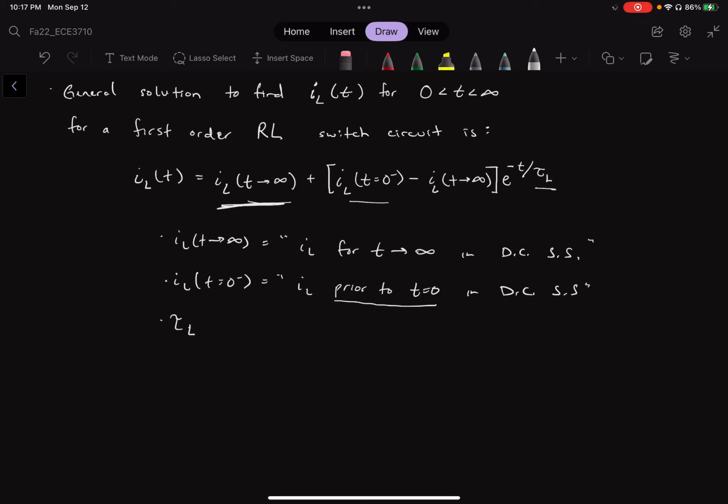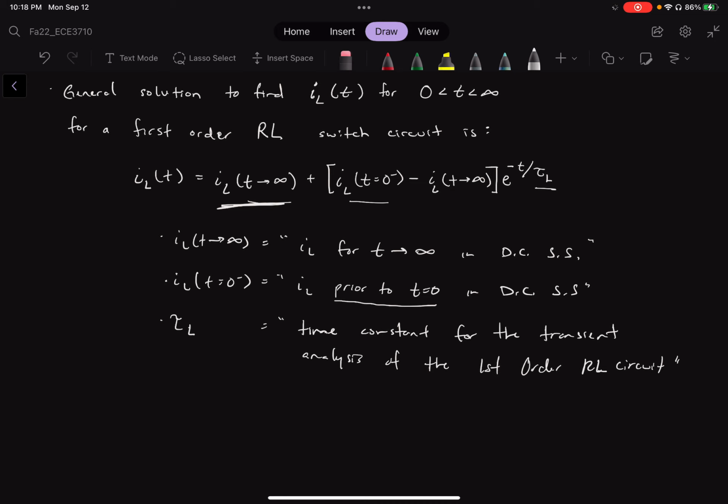Tau L, that's the time constant for the transient analysis of the first order RL circuit.